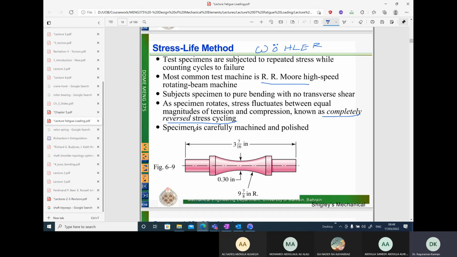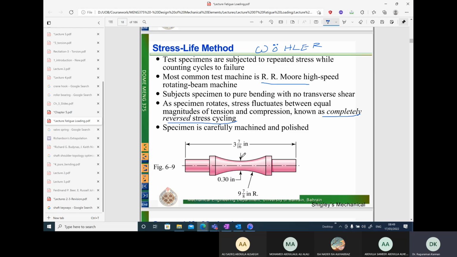Let's see here. The specimen is carefully machined and polished. For any test specimen we take, it is very important that we have a mirror finish on the surface. It is a highly controlled experiment, and we do not want any surface defects, no cracks, no roughness on the surface.